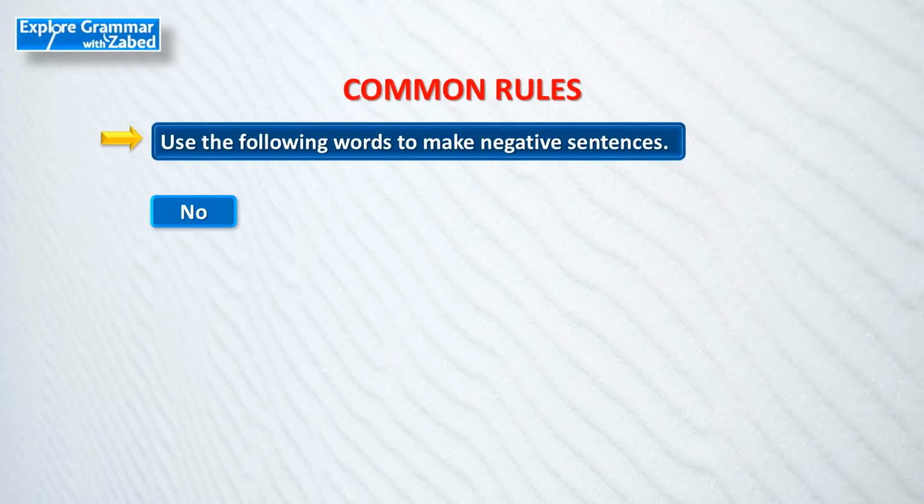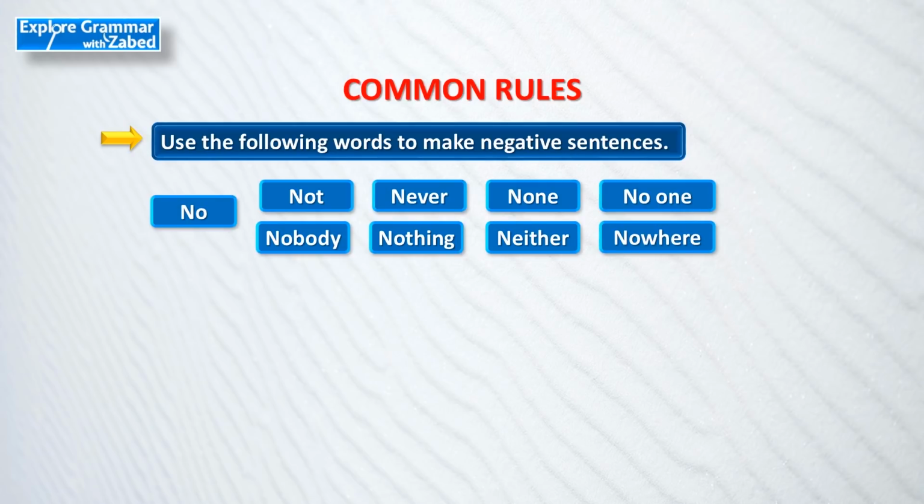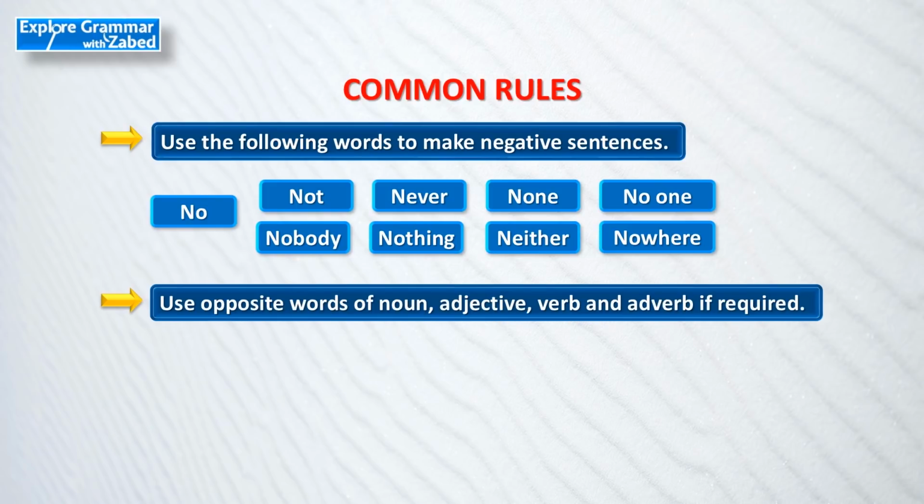Dear viewers, to learn how to convert an affirmative sentence to a negative sentence, we need to understand and remember some of the common rules. Like, first, when we have to convert a sentence from affirmative to negative, we must use some words like no, not, nobody, never, nothing, no one, neither, none, nowhere, etc. Secondly, use opposite words of nouns, adjective, verb, and adverb if required.